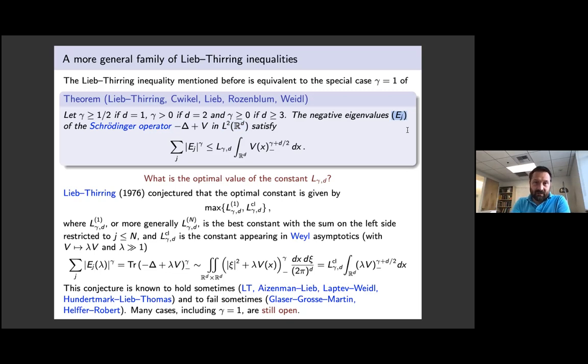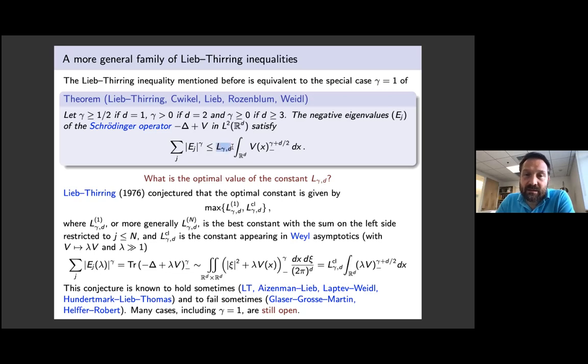And what this Lieb-Thirring inequality says is a bound on the size of the eigenvalues. So you take the eigenvalues, take the absolute value, raise it to the power gamma, and sum. And this whole sum is bounded by a constant times an integral of the potential. There's a constant appearing here.